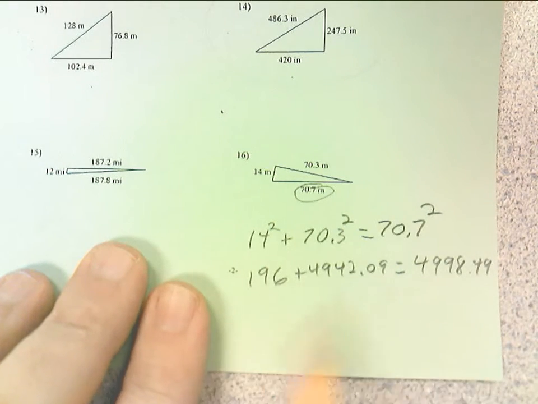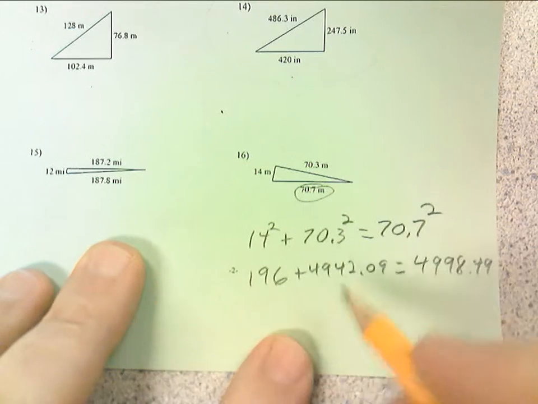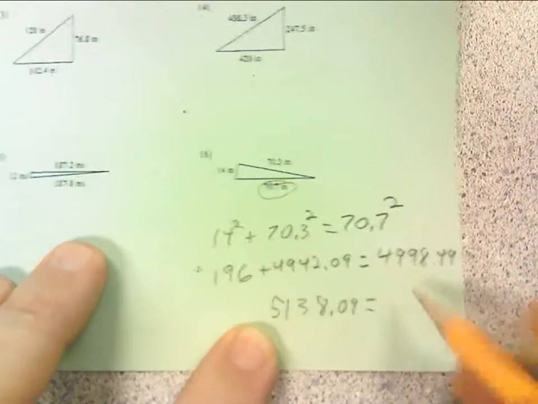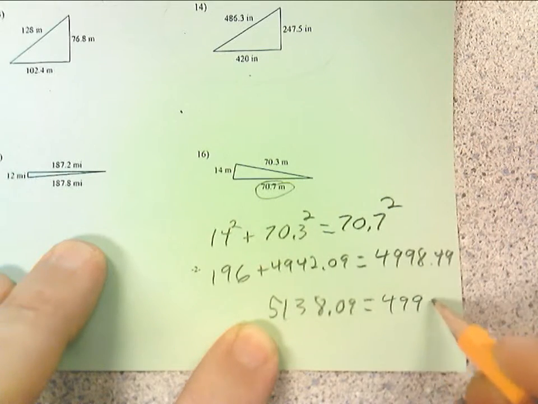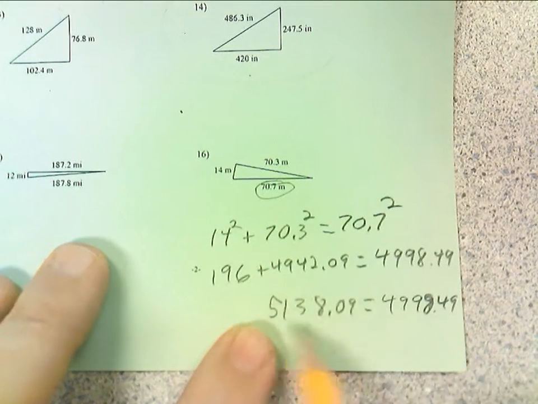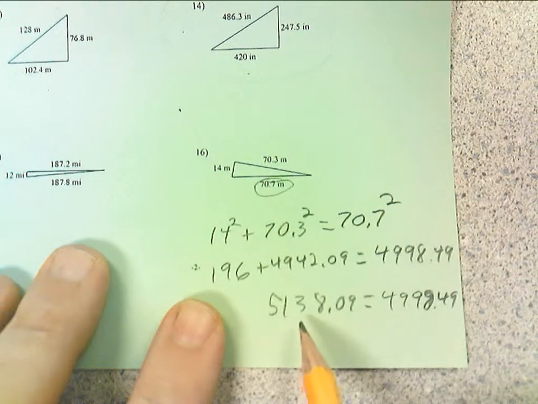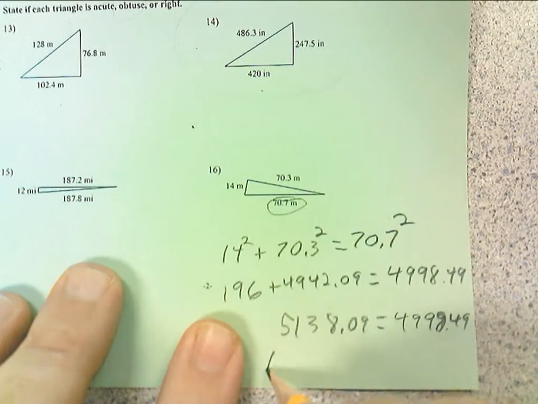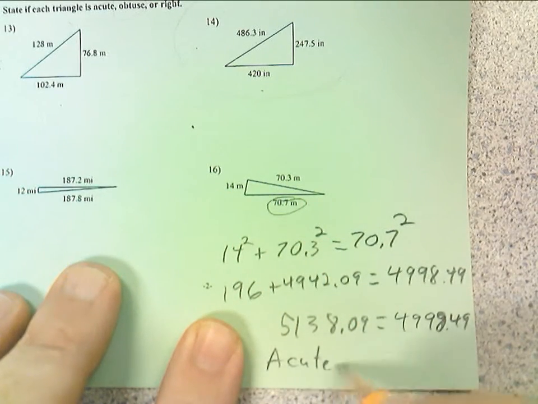So if I add those two together, 4,942.09 plus 196 is going to be 5,138.09, and that's compared to 4,998.49. So which side's bigger? The two smaller sides, which would mean that this is an example of an acute triangle.